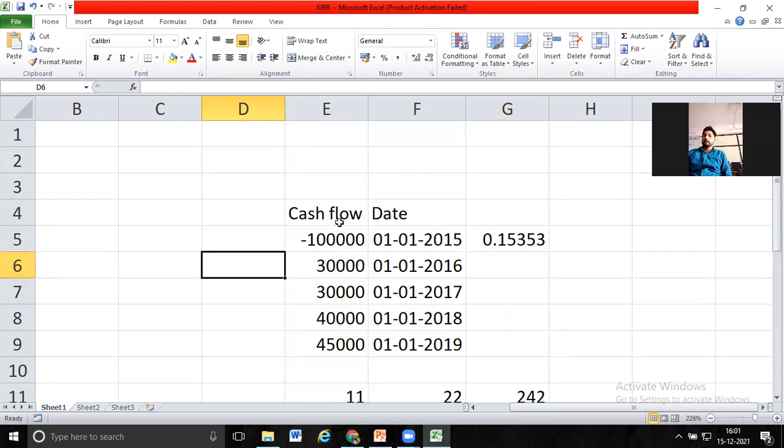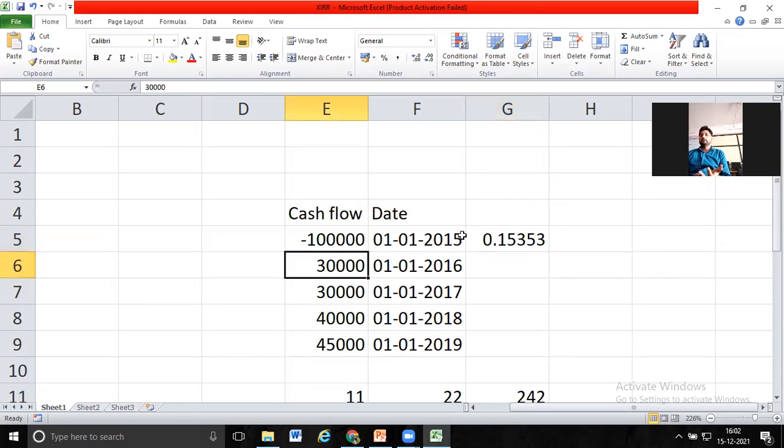I want to showcase one thing, that there are functions in Excel which can do the calculation of internal rate of return, NPV, benefit cost ratio, and payback period.